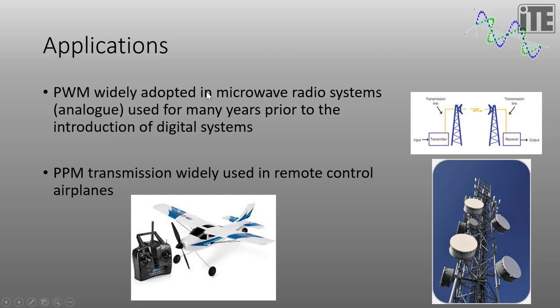Pulse width modulation is widely adopted in microwave radio systems, which are these point-to-point systems that sometimes go over 100 kilometres, and the analogue form of these was used for many years prior to the introduction of digital systems. And you'll see these in country areas, and you'll also see them often on the top of mobile telephone towers.